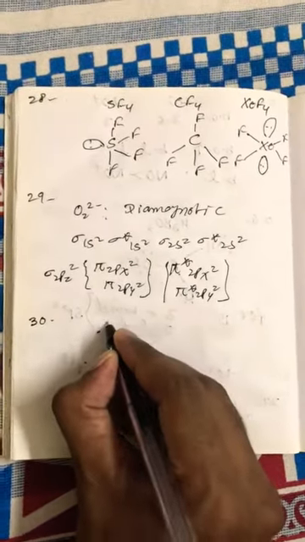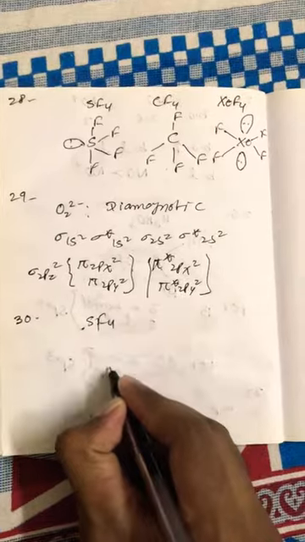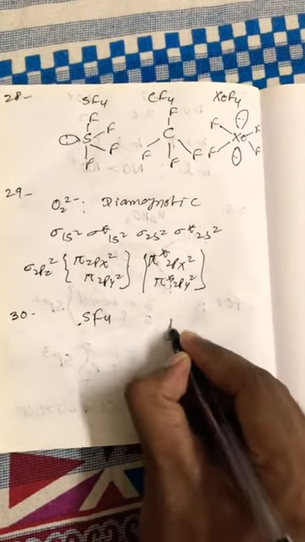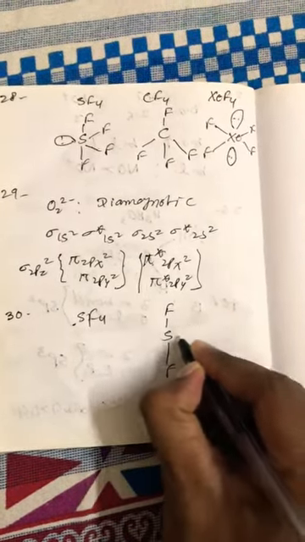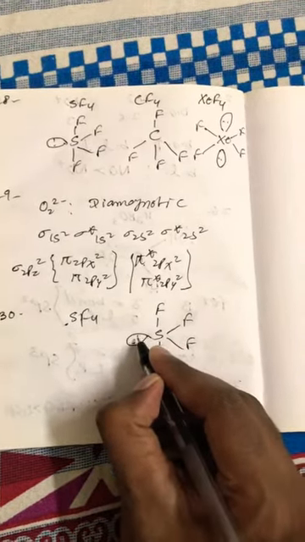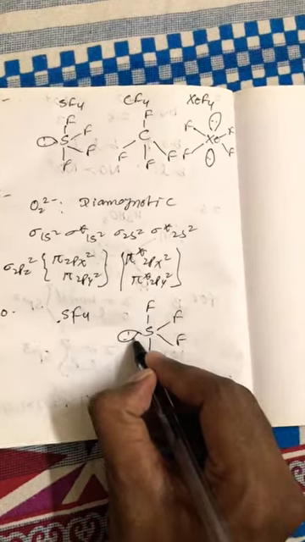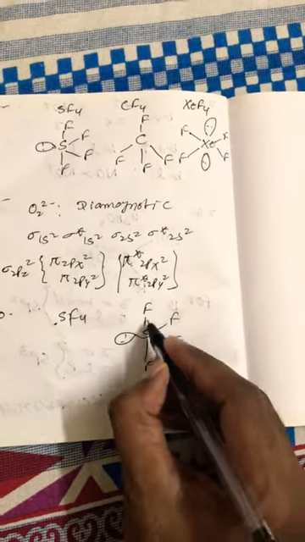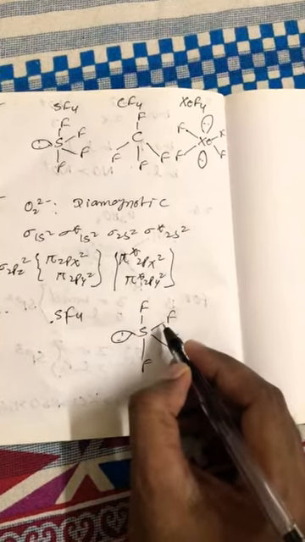Question number 30. SF4 has a seesaw structure. So the lone pair will be at the equatorial position. Now here this SF bond length and this SF bond length will be different.